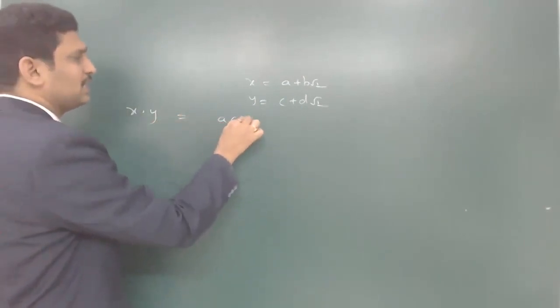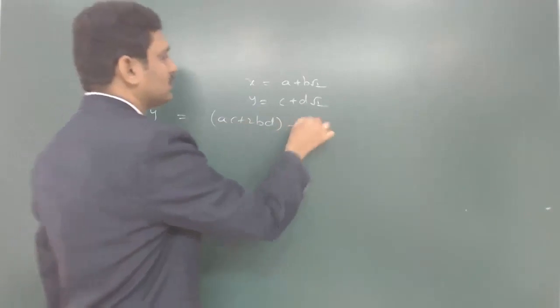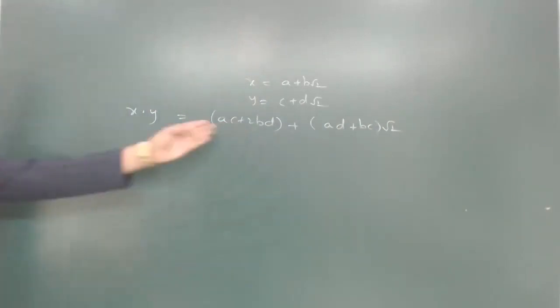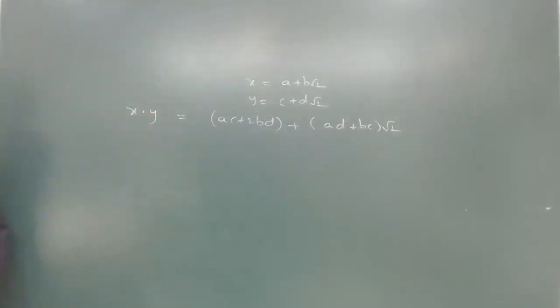On multiplying, do you accept for this x dot y is equal to simply multiplying the numbers? Please check. I have simply multiplied x and y. The value is ac plus 2bd and ad plus bc into root 2. The simple multiplication of numbers, usually what we do.